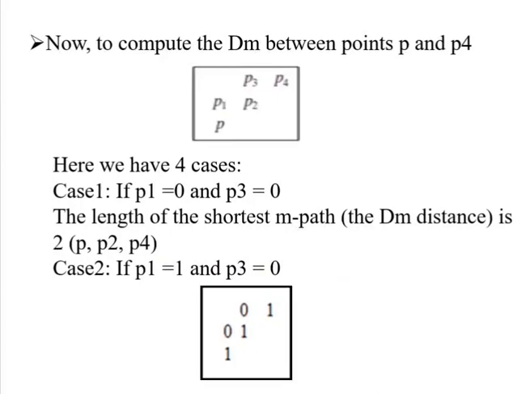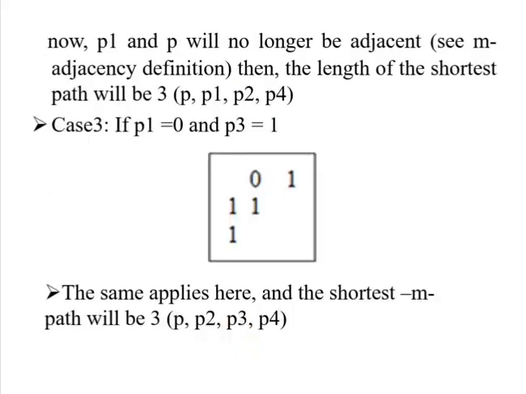In short, suppose that we consider the adjacency of pixel value 1. If P1 and P3 are 0, the length of the shortest m-path between P and P4 is 2. If P1 is 1, then P2 and P will no longer be m-adjacent and the length of the shortest m-path becomes 3. The path goes through the points P, P1, P2, P4.